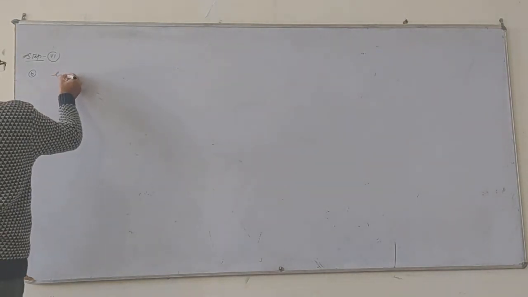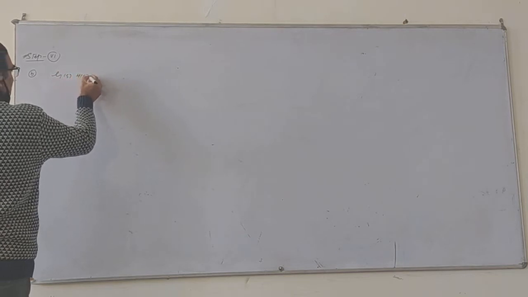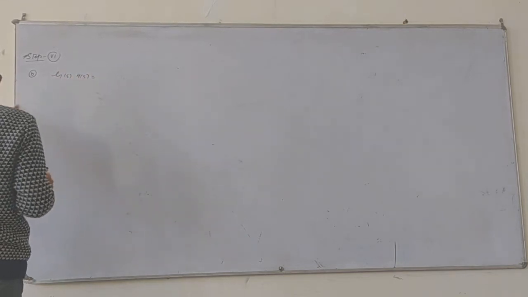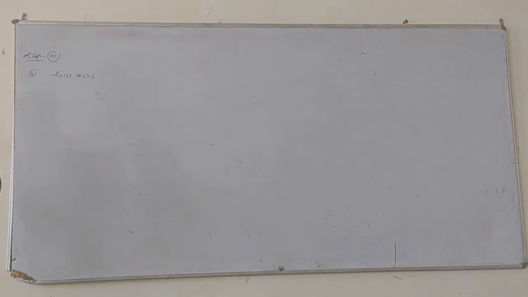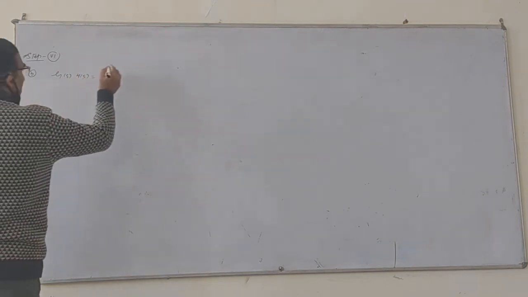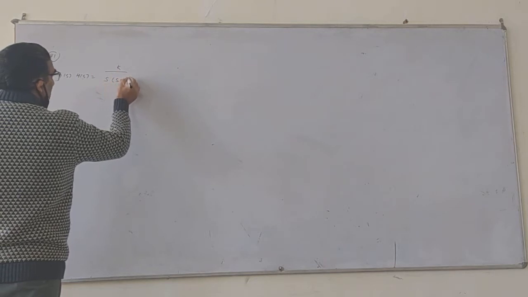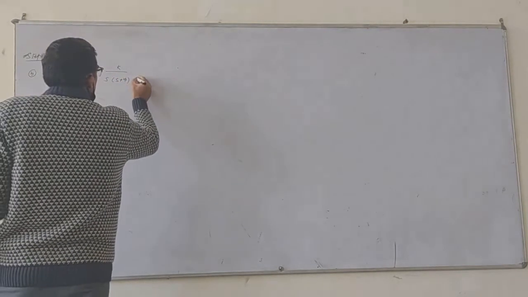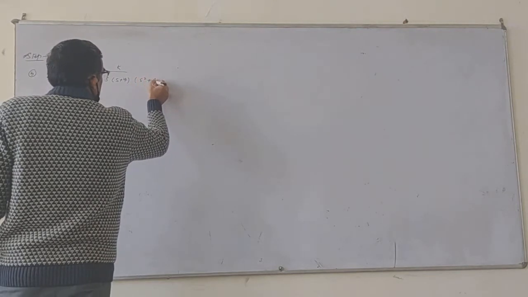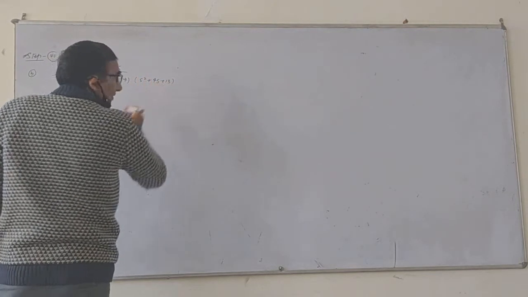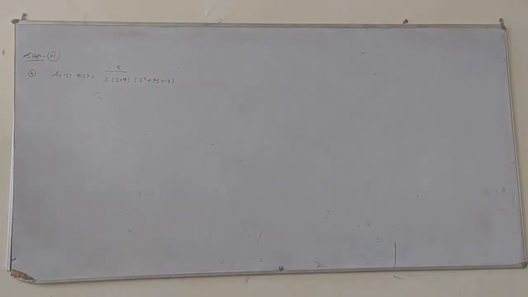Now let's say the open loop transfer function given to me, G(s)H(s), is K divided by s into s plus 4 into s squared plus 4s plus 13. Let's say this is the open loop transfer function.